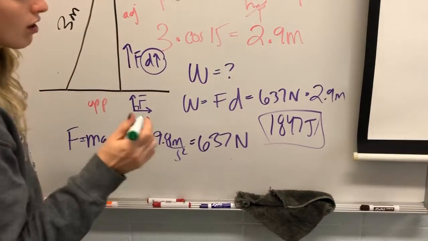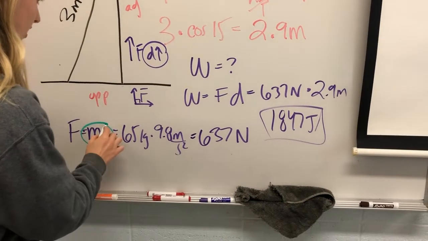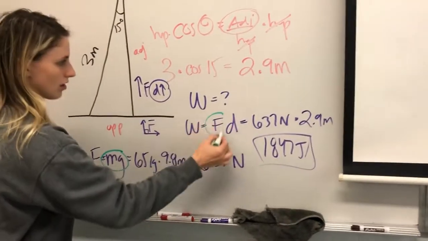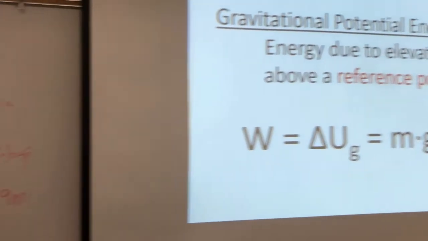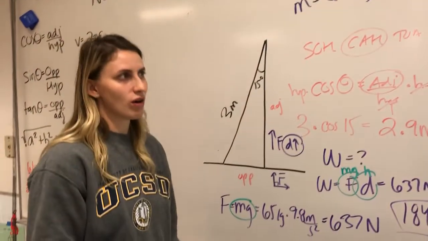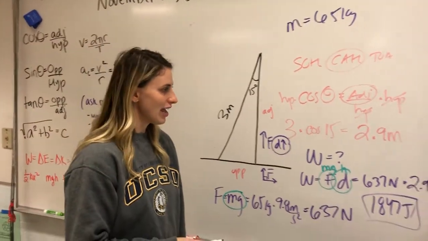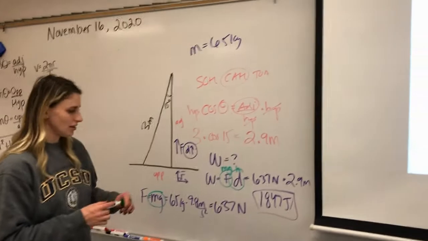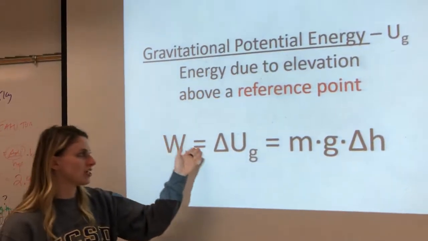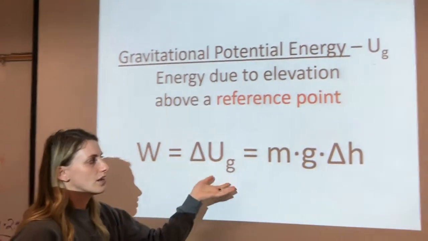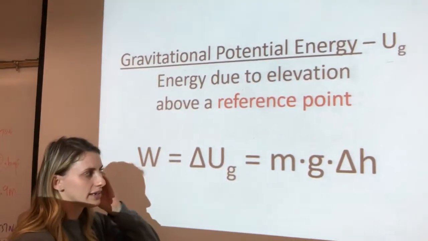There's your mg right there, and then we multiplied it times the h, which is just another word for distance. So mgh is basically the exact same thing as work. It's the work-energy theorem. Work changes energy. Work is the change in kinetic energy, and work is the change in UG. There's a relationship between UG and kinetic energy, which we'll talk about later.